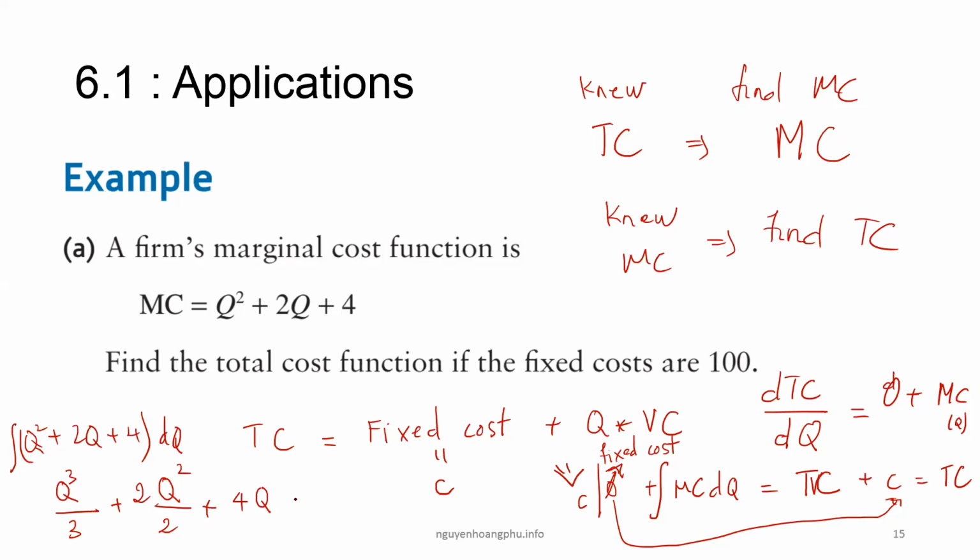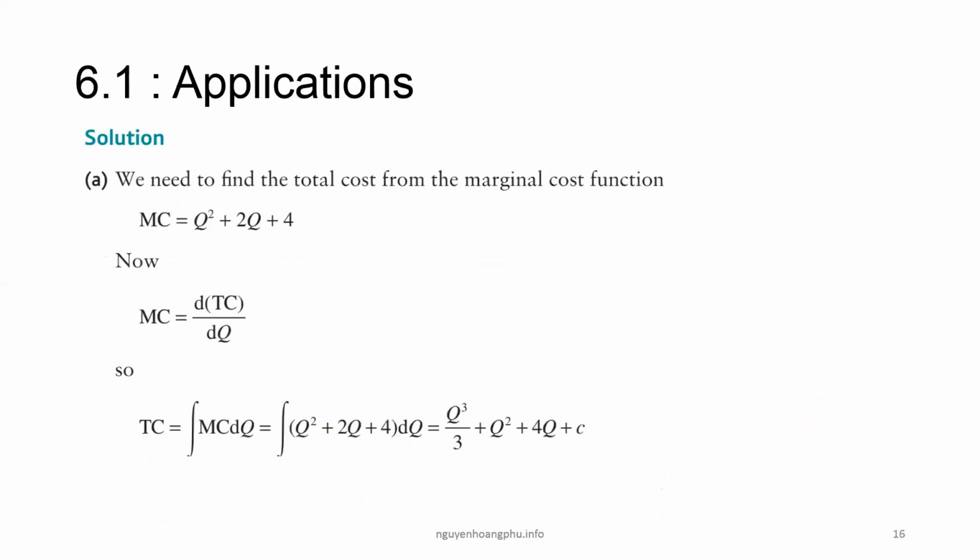So this one, q cubed over 3, plus q square, and then plus 4q, then plus C, the fixed cost. Fixed cost here is 100, so plus 100.